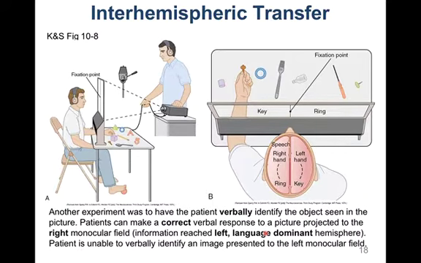However, if that image was flashed to the left monocular field of view and ended up in the right hemisphere, the corpus callosum is severed, so there would be no communication between the right visual field and the left language dominant hemisphere, i.e. Broca's. Okay, so a similar but slightly more complex type of experiment, because now you need to additionally consider Broca's, or tie this back into what we've been discussing about Broca's.